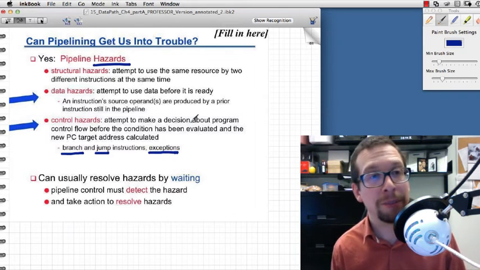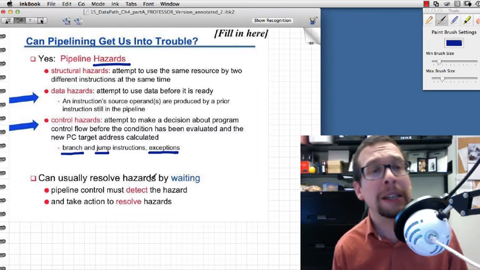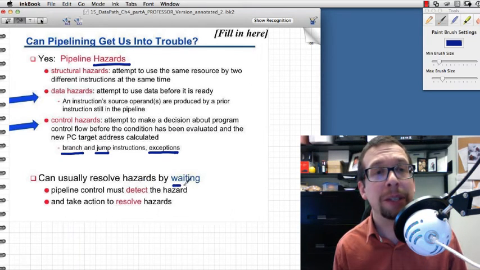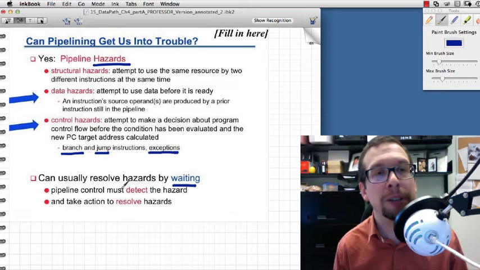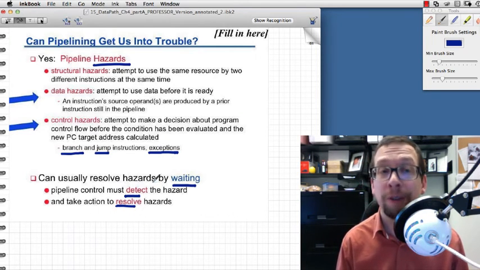Exceptions are interrupts. Normally you can resolve these hazards by simply waiting, or structuring your waiting in a particular way. So pipeline control must detect the hazard, and it needs to find out how to resolve the hazard as well. Hazards occur, so you have to design for them.